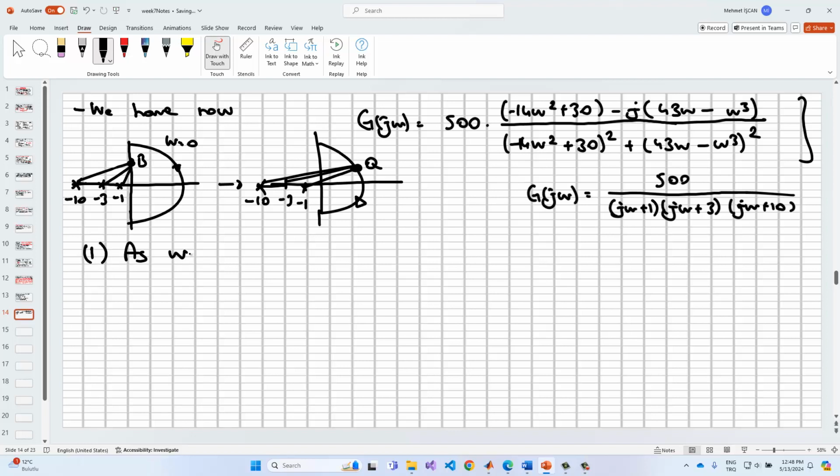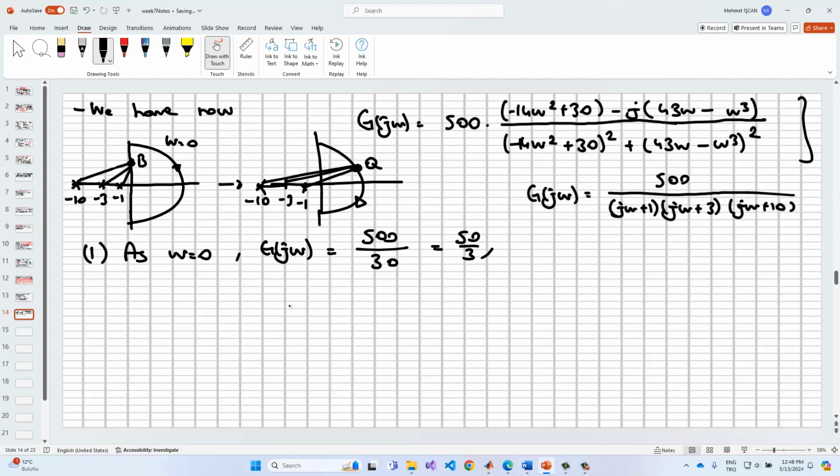When ω is 0, G(jω) must be equal to 500 over 1 times 3 times 10, which is 30, so 50 divided by 3.